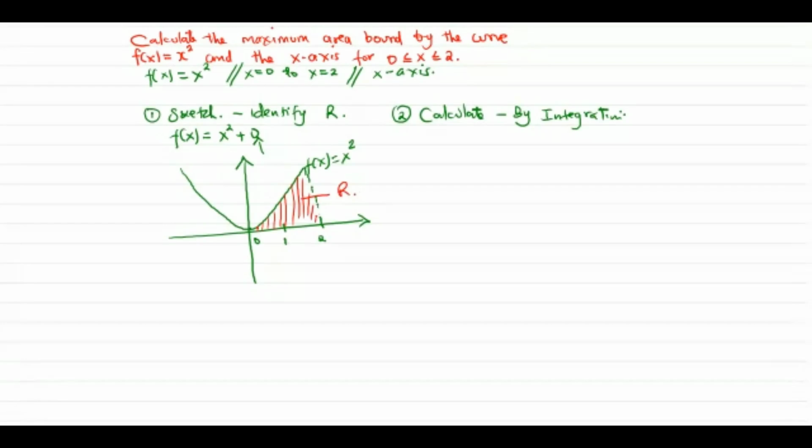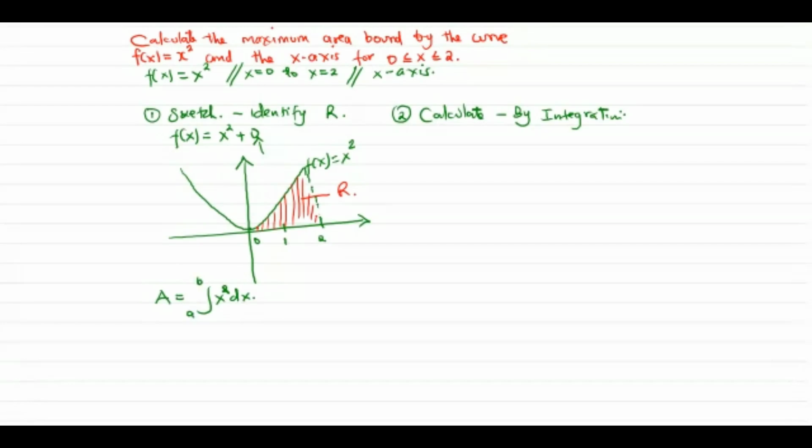Having sketched the curve, we can go on to calculate by way of integration the area of that region. The area by integration is given by the definite integral of the given function with respect to x from the lower boundary, which is a, to the upper boundary, which is b.